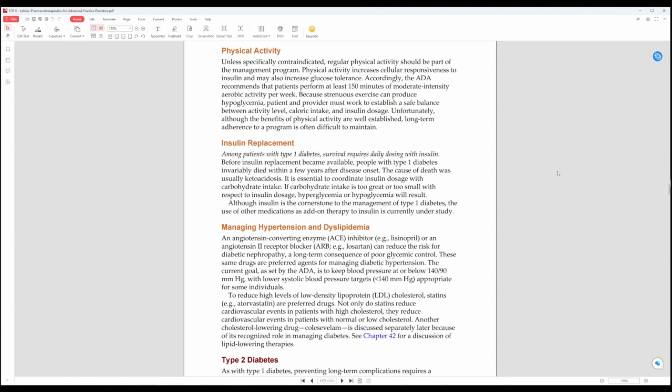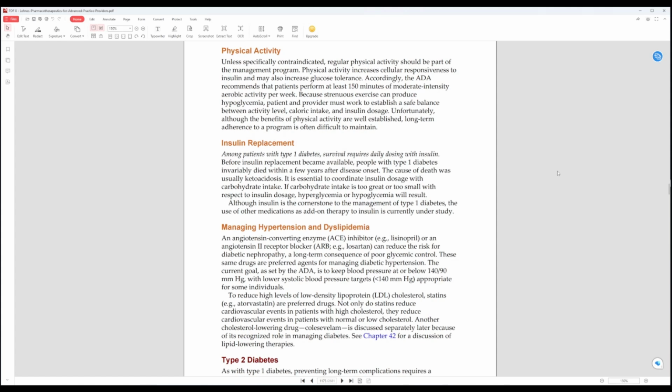Because strenuous exercise can produce hypoglycemia, patient and provider must work to establish a safe balance between activity level, caloric intake, and insulin dosage. Unfortunately, although the benefits of physical activity are well established, long-term adherence to a program is often difficult to maintain.